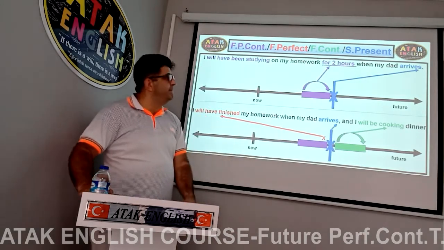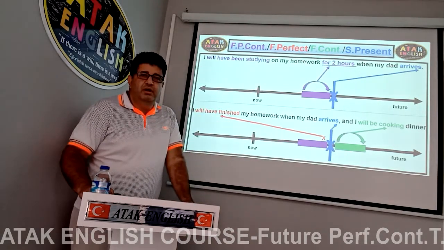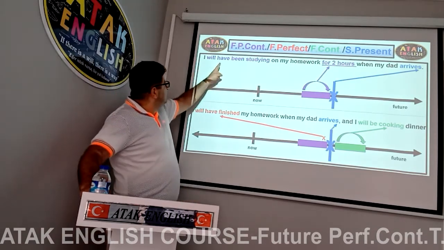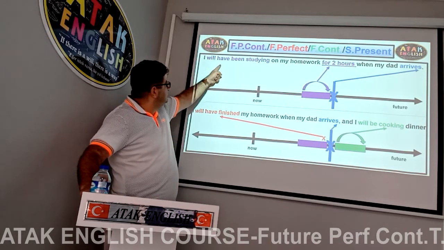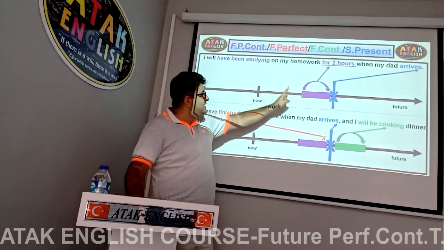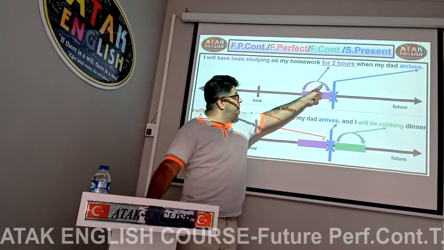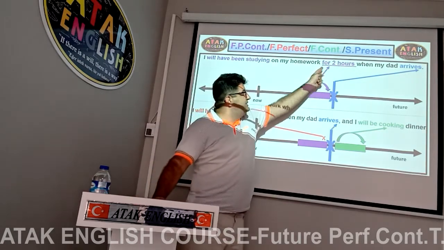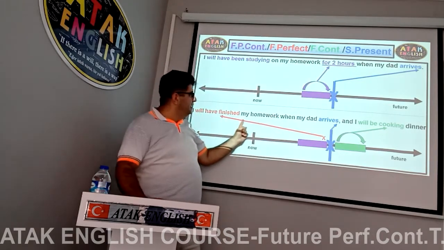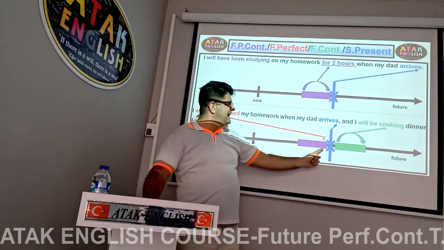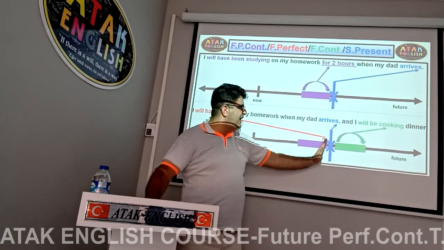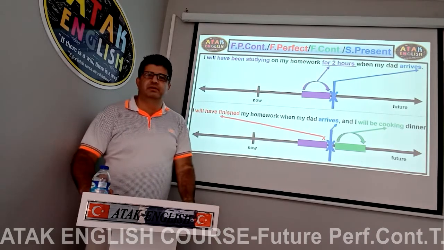That's a perfect example for us, ladies and gentlemen, to see the difference between future perfect continuous and future perfect. Future perfect continuous tense is used to emphasize the duration, but here it is used to emphasize the action at the end of the period.